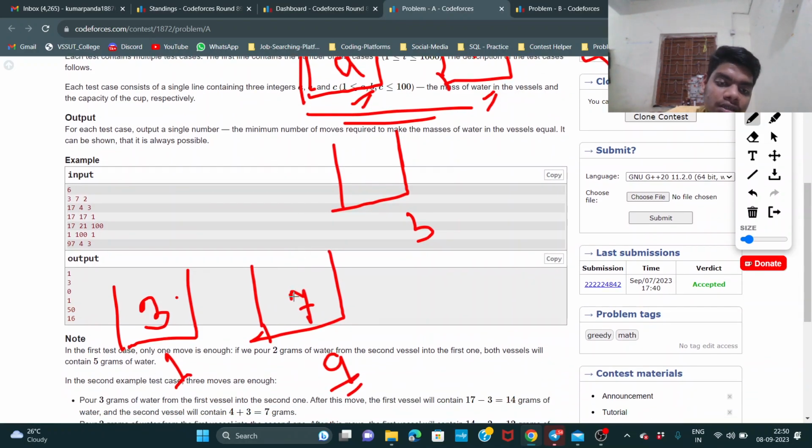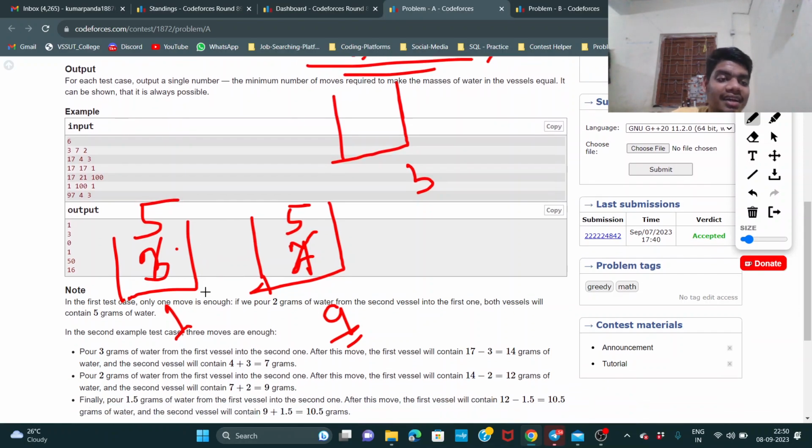Here I take 2 grams from this vessel, so it becomes 5 and the other becomes 5. In one move it becomes the same.